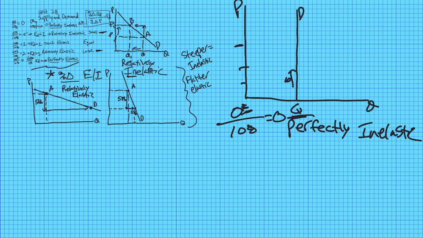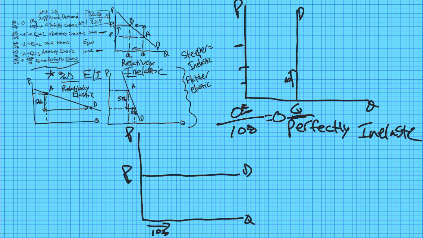right? Okay, well, what about the opposite side of things? What if I have a demand curve that looks like that? This is my demand curve, and I have a price and a quantity. What that means is that my price doesn't change at all, even if my quantity is changing. So if the quantity goes up by, let's say, 10%, my price didn't change at all.